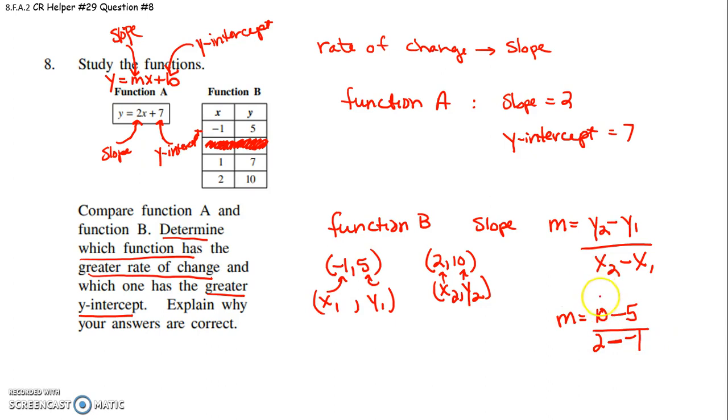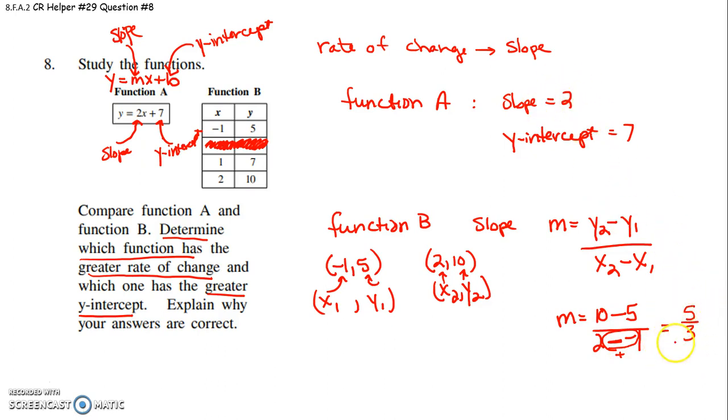Just be careful. So x2 was 2, minus, and then x1 was -1. Minus a negative becomes plus. So this becomes 10 minus 5 is 5, and 2 plus 1 is 3. So that's 5/3. The slope of function A was 2.